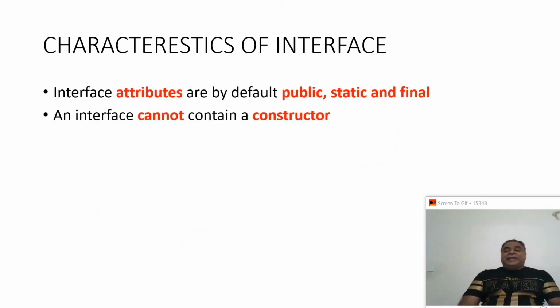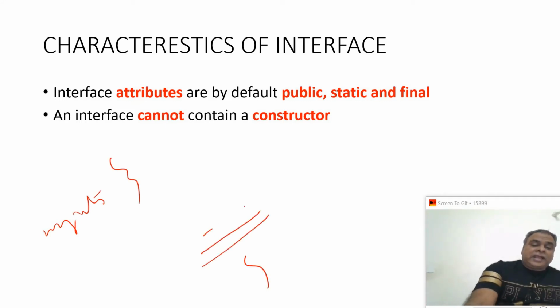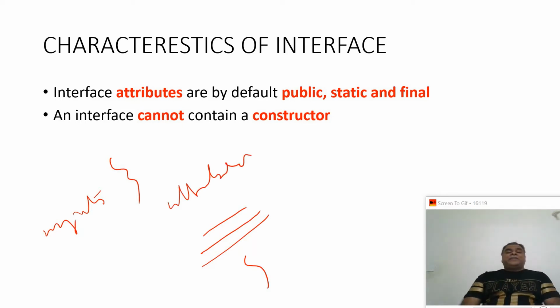Next, I am continuing the characteristics of interface. Apart from methods, an interface can have attributes also. Inside the interface you can have attributes, right? Interface attributes are by default public, static and final. The access modifier public means it is visible everywhere. Static means it's like a class variable; you can access that attribute without creating the object.